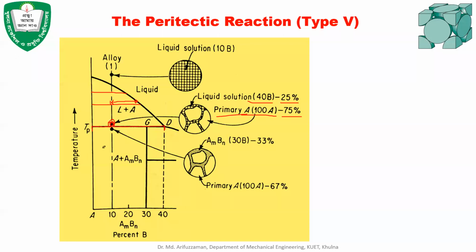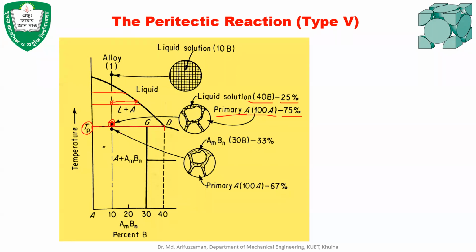When the temperature reaches Tp, the peritectic temperature, it will remain constant and the peritectic reaction will take place. The peritectic reaction says that a liquid and a solid will react and form a different type of solid.